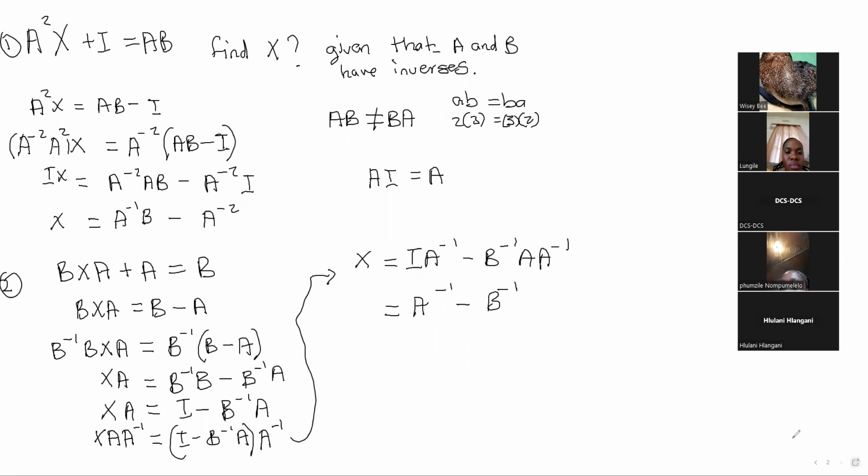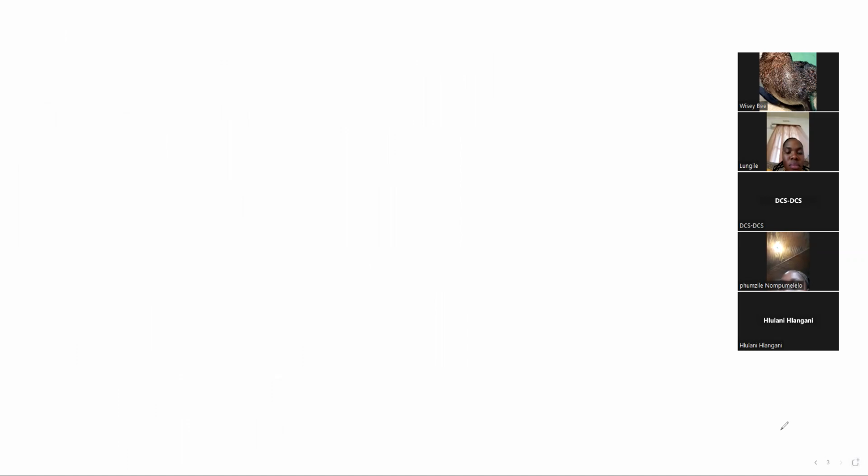And let's do one last one. One more. Number 3. BX minus I. We have an A here plus B is equal to A. Does this look right?